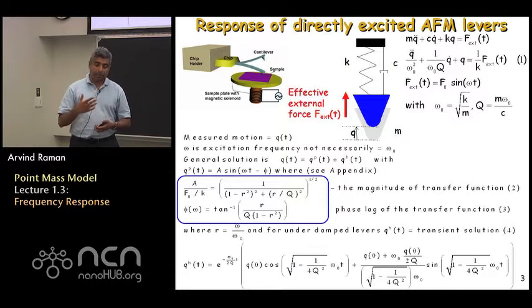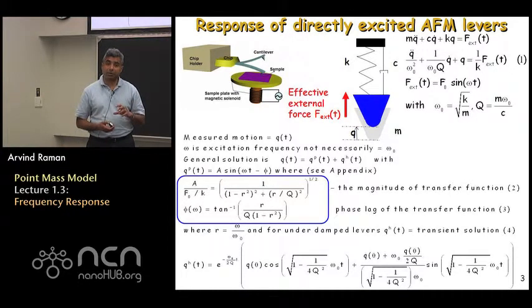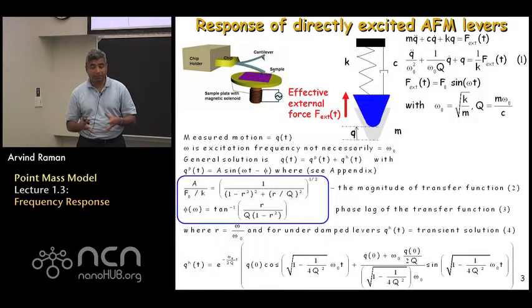So the steady state response is given by equations 2 and 3 that are shown in this blue box, where the first equation is the steady state amplitude A divided by F naught divided by K. F naught is the amplitude or magnitude of excitation.